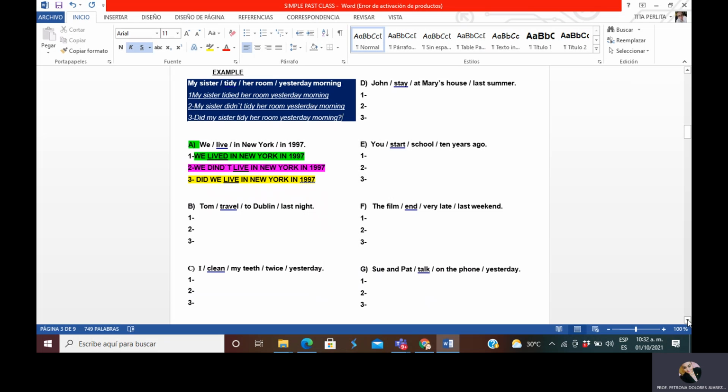Did my sister tidy her room yesterday morning is a question. In this question that you have to follow is an auxiliary. Okay, in this auxiliary, did is important to start first, and then we use the subject and the verb in the base form, and the complement and the question mark.